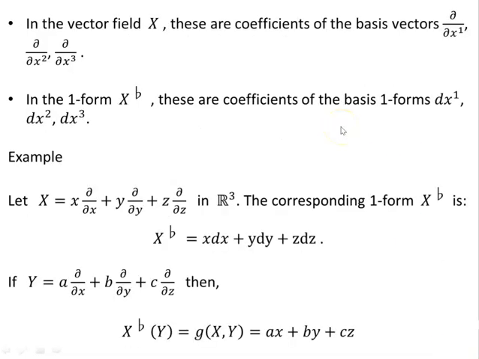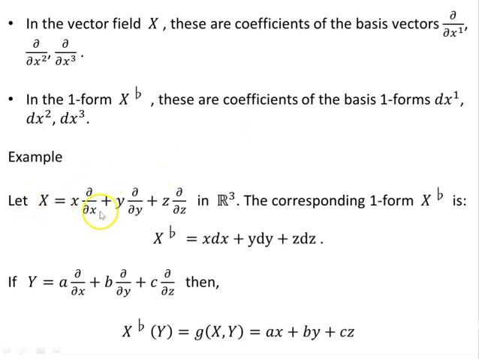All right, so in the vector field x, these are coefficients of the basis vectors partial xi, so x upper i, x1, x2, x3, upper index. And in the one form x flat, these are coefficients of the basis 1 forms, x lower i, x lower 1, lower 2, lower 3, okay? So dx1, dx2, dx3 are the basis 1 forms.